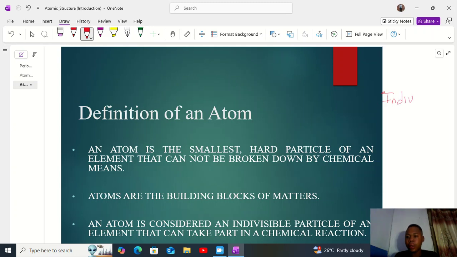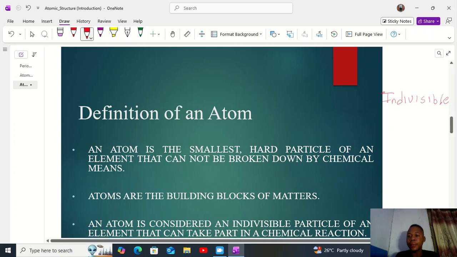So it means that atoms cannot be divided, or let me say atoms are indestructible. The indivisibility property of an atom was as a result of the work of Dalton.